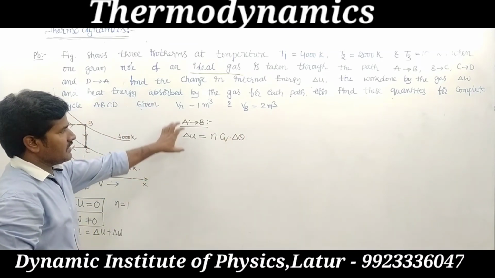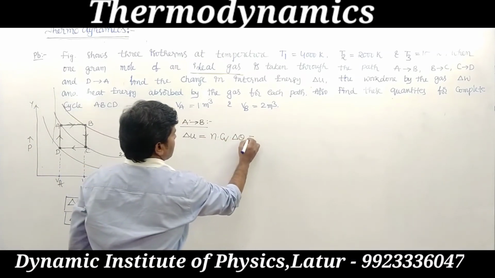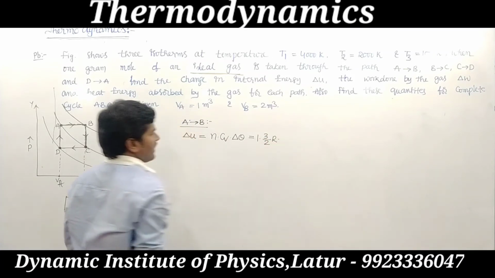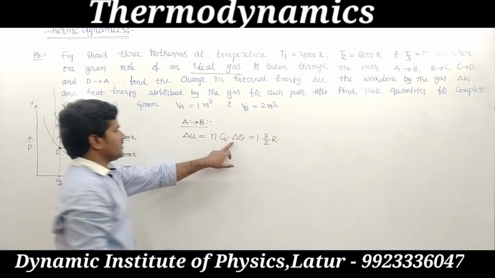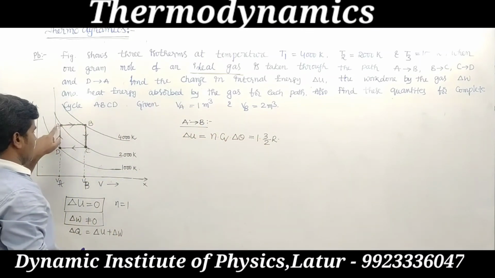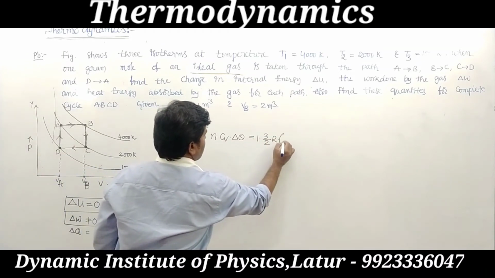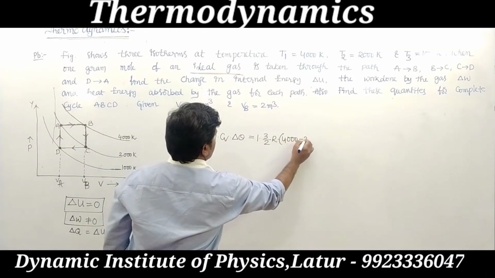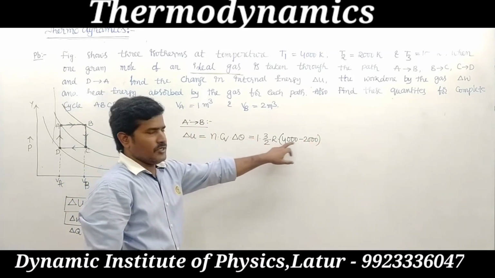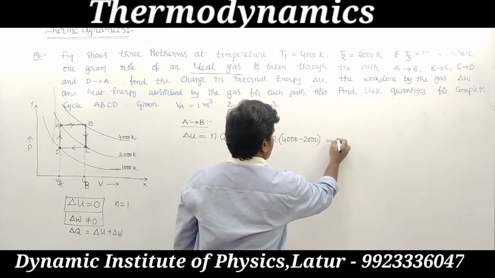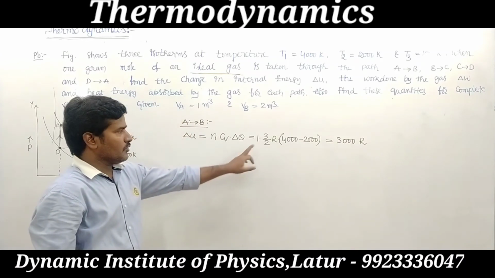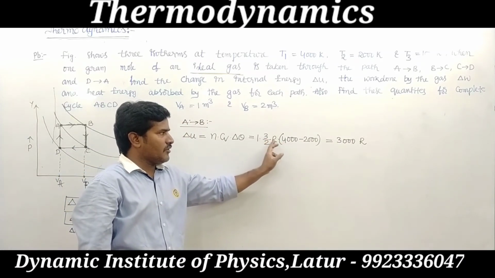In the AB process, n number of moles is 1, Cv is 3 by 2 R for a monoatomic gas, and the temperature change from A to B: B is 4000, A is 2000, 4000 minus 2000. So this value becomes 3 by 2 R into 2000. Its value becomes 3000 R.